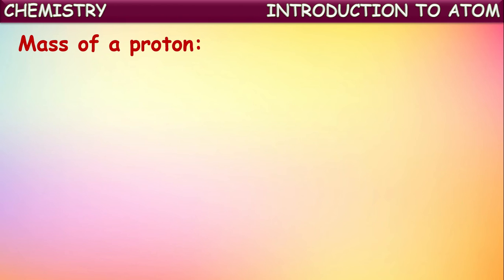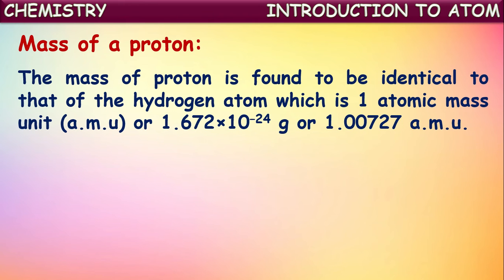Next, mass of proton. The mass of proton is found to be identical to that of hydrogen atom, which is nearly 1 atomic mass unit. The mass of proton is equal to the mass of hydrogen atom, which is nearly equal to 1 atomic mass unit. This is the smallest standard of mass, which is equal to 1.672 into 10 to the power of minus 24 grams.